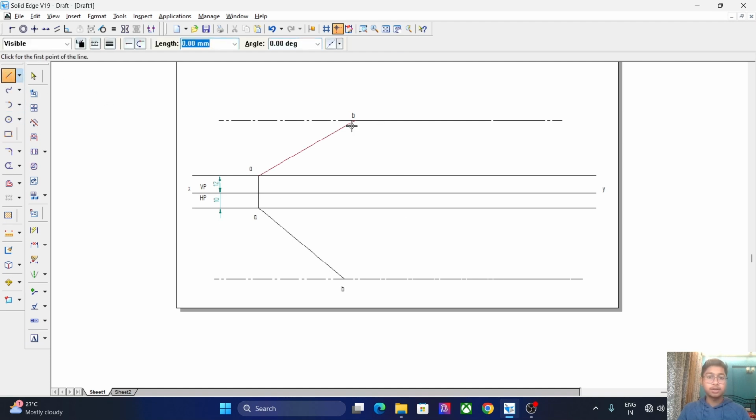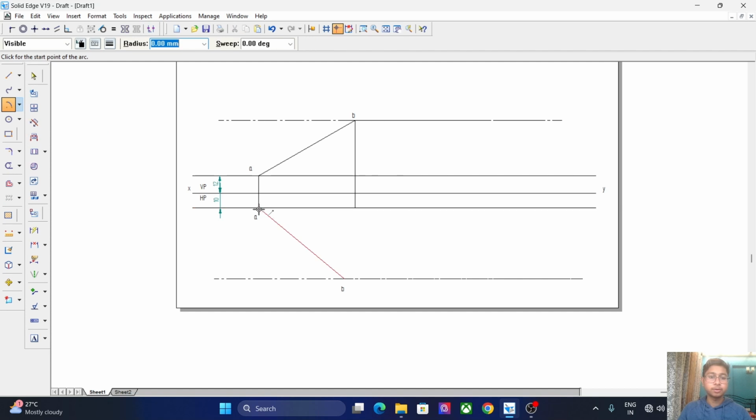we have to draw one line. We have to make a perpendicular to this 10 mm lamina we have drawn. Not this one, sorry. Yep. Now we will take here arc by center point.